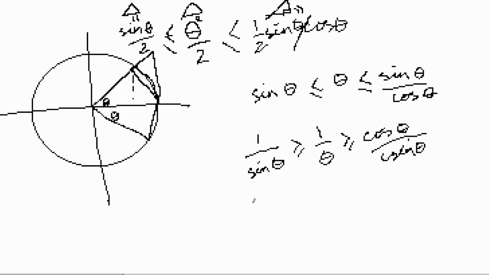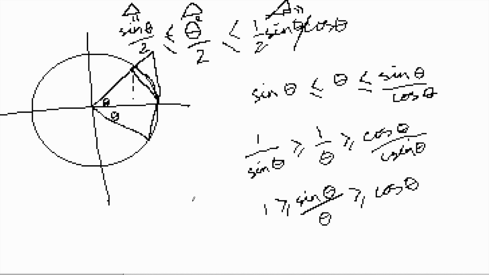And then from there we can multiply everything by sine theta. So sine theta over sine theta is just 1. And then we have sine theta over theta. And then we have sine theta over sine theta times cos theta, so just cos theta.